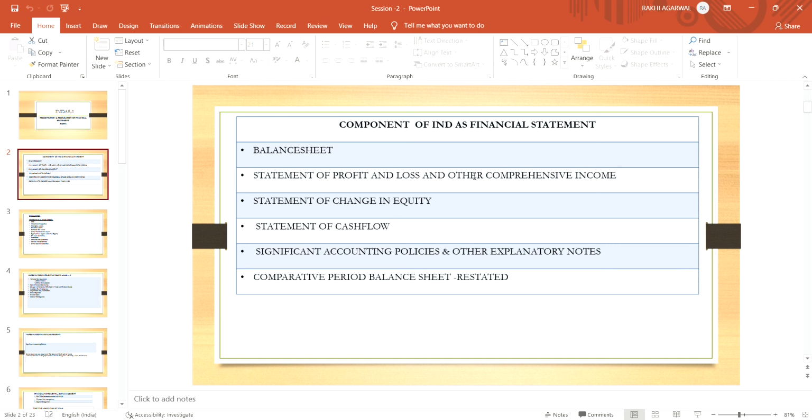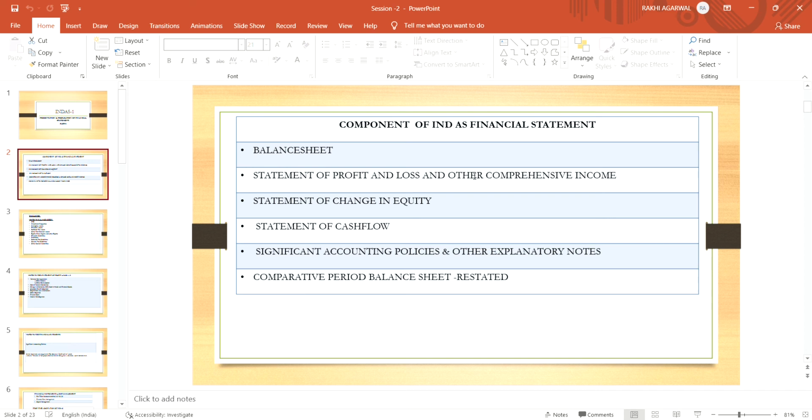In generally accepted accounting principles, we prepare our financial statements like the balance sheet, the profit and loss, the cash flows, the significant accounting policies and comparative figures also.